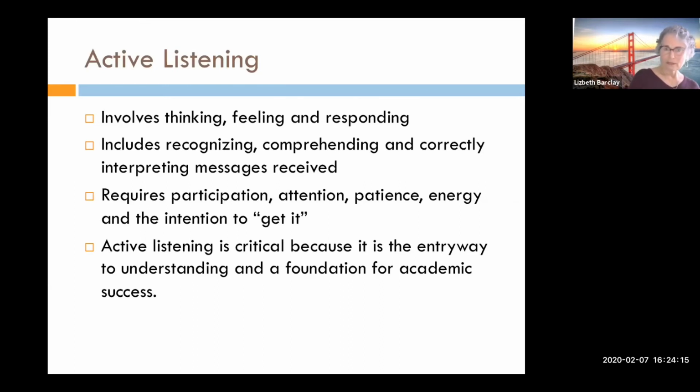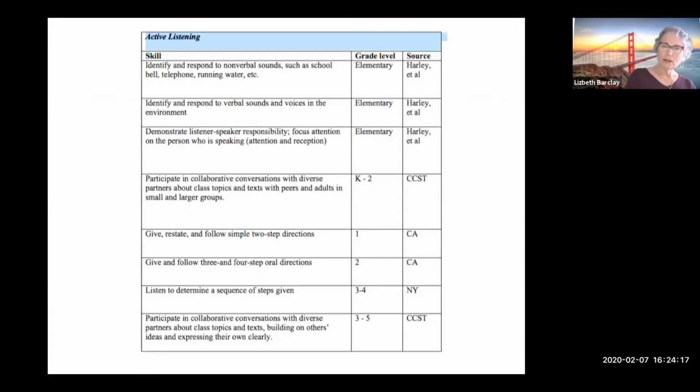And here again is an example of the checklist that can be found at different grade levels with regard to active listening in the classroom. And one example is participate in collaborative conversations with diverse partners about class topics and texts with peers and adults in small and larger groups.